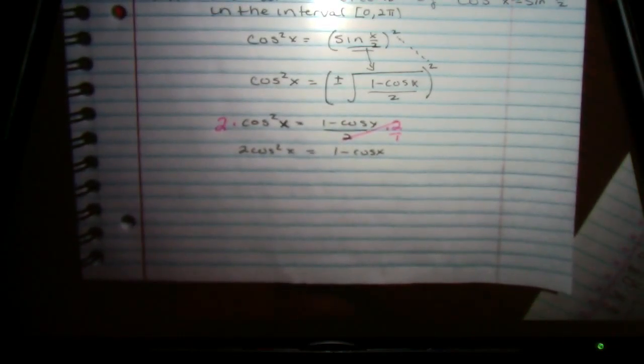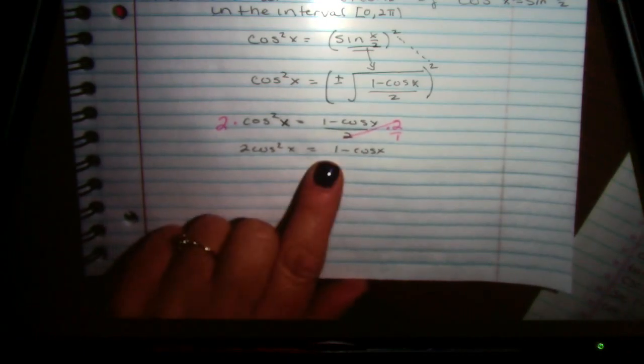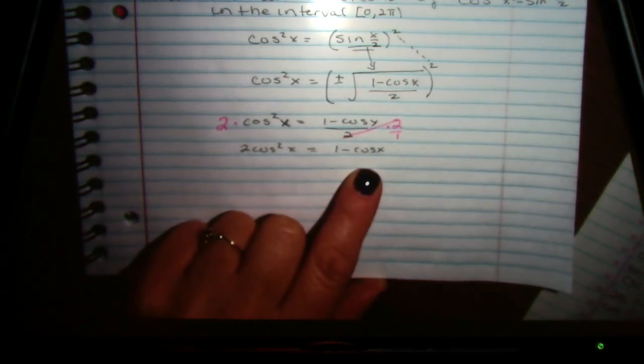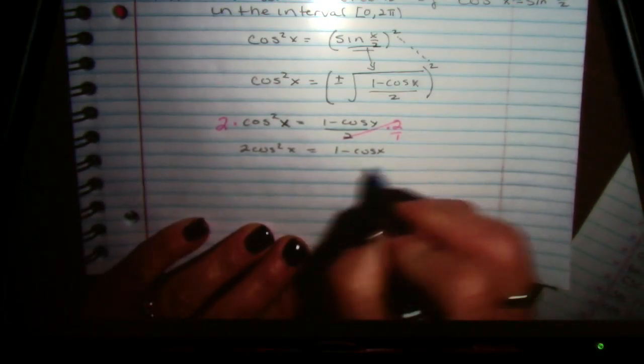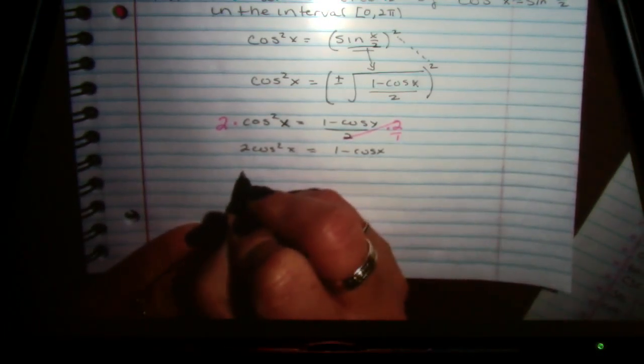Now what would you do? Subtract 1. If it's 2x squared equals 1 minus x, what do you need to have it set equal to? 0. So I'm going to subtract 1 and add cosine of x.